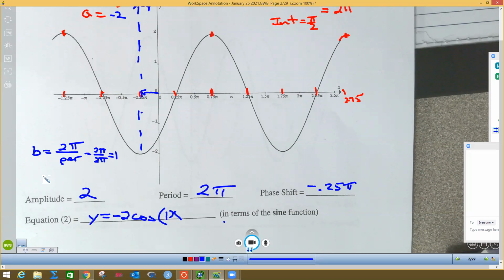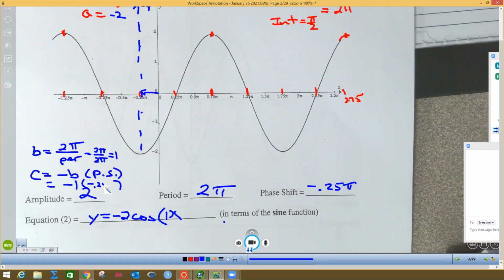Now I need to find C. Well, C is equal to negative B times the phase shift. Do you need me to go over where this came from again? Anybody need me to do that again? It should have been in your notes from Tuesday. All right. So, what was my B? It was 1. So I got negative 1. What was my phase shift? We just did it right here.